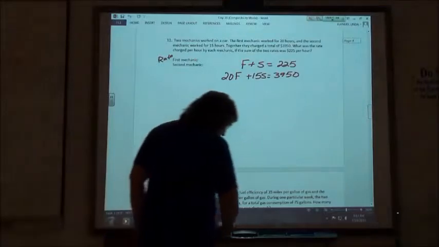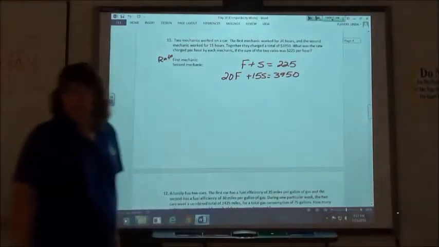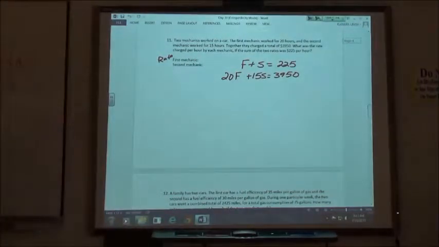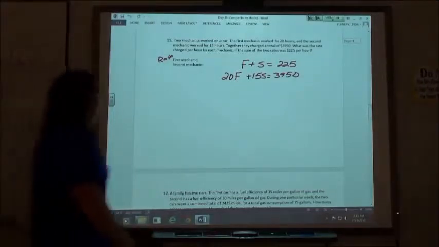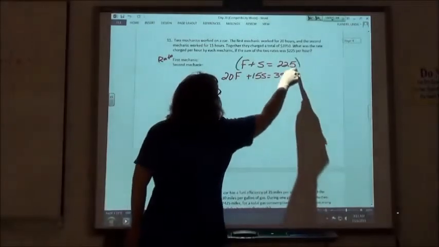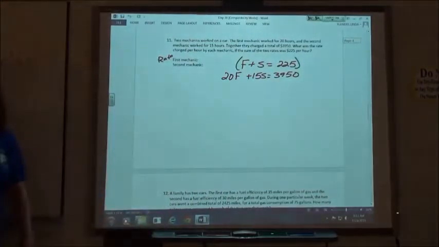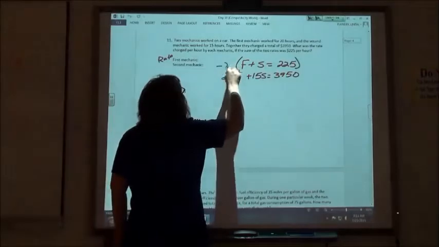And do we want to use the elimination method again or a substitution method? Elimination. I think that's easier too. And what should we multiply the top equation by? -20. We're going to get rid of our F's this time.